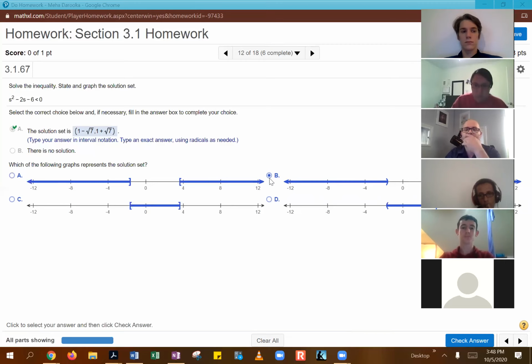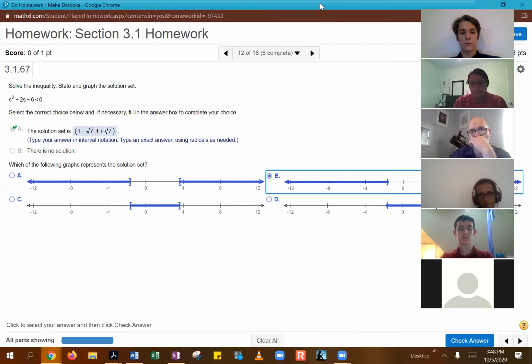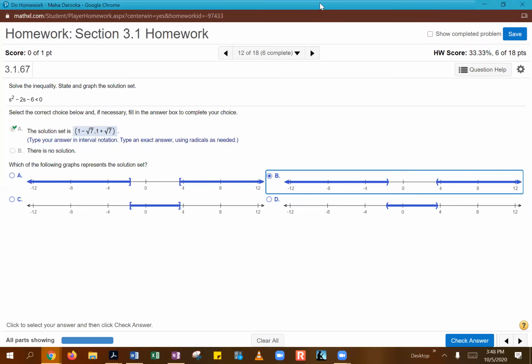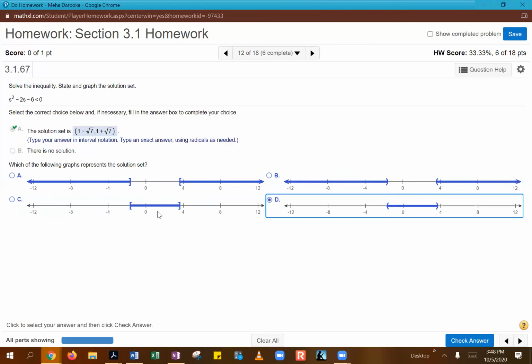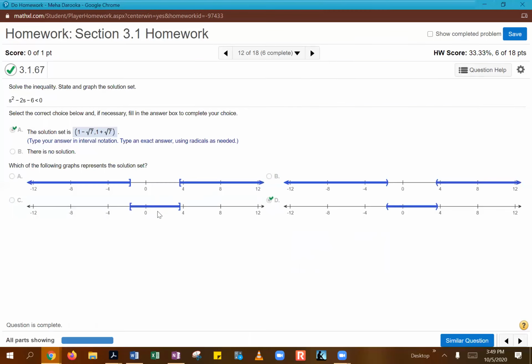So that's why it's going to be graph D. Yeah, good job, guys. Very nice. So that is going to be this one. And of course, we are not including the endpoint. So you can see that guy has parentheses on it. If you look at graph C, that one has brackets on it. And that's the only reason why we're not using him. So it's going to be graph D. Check, and we should be good to go.